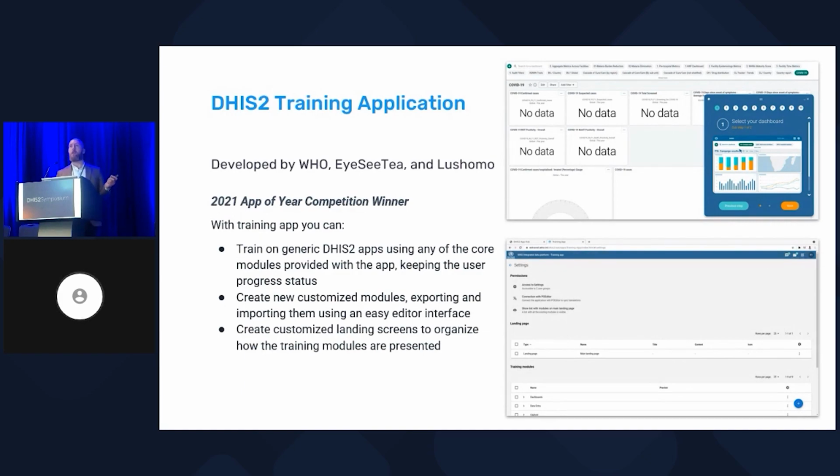It's an incredible application that allows you to build trainings on top of your DHIS2 instance, right? So you're able to build click-by-click tutorials on top of your DHIS2 instance. You're able to push these to any user of your instance. And the really cool thing is you're able to share these with any other DHIS2 instance.